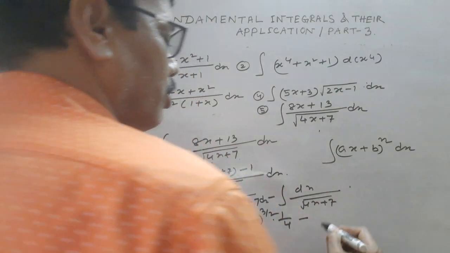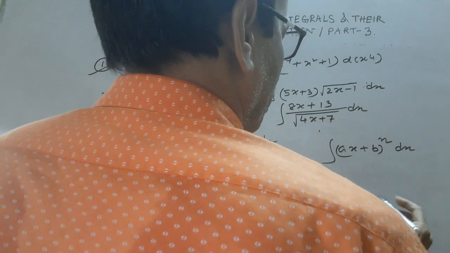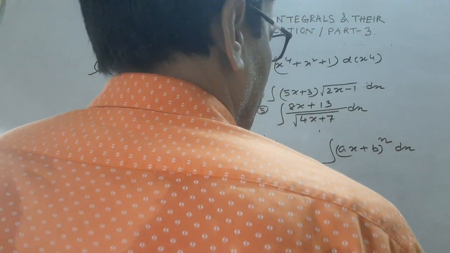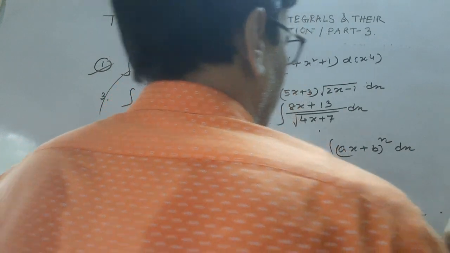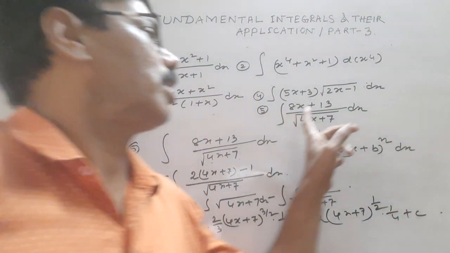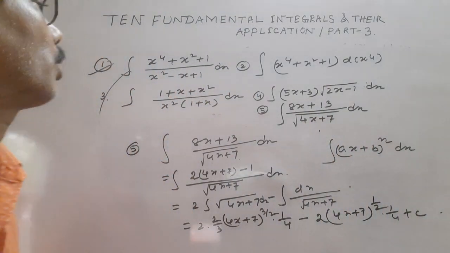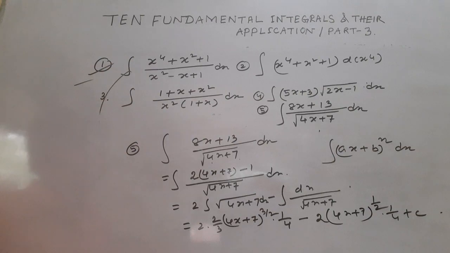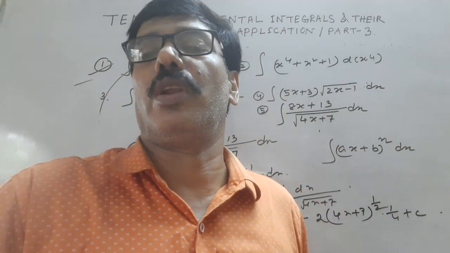And this one is (4x plus 7) whole to the power minus half plus 1. This is half. So it will be 2 into 1 by 4 plus c. So this one is also the same, using x to the power n. So beginner's problem only.